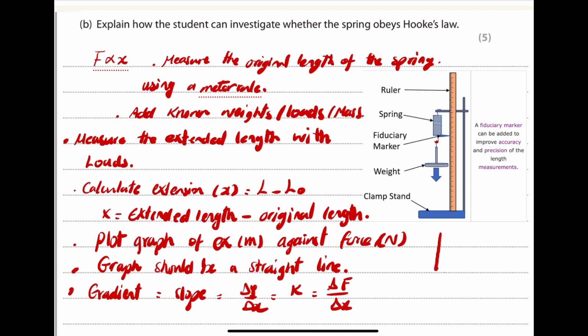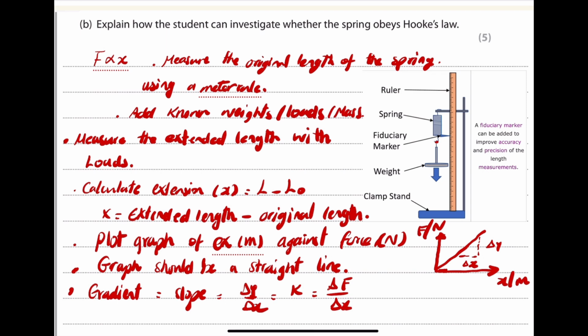You can draw for the examiner extension in meters, and the applied force on the y-axis in newtons, and draw a straight line passing through the origin. The gradient is the change in y, delta F, divided by the change in x along the x-axis. So the gradient is the constant value of the spring constant.